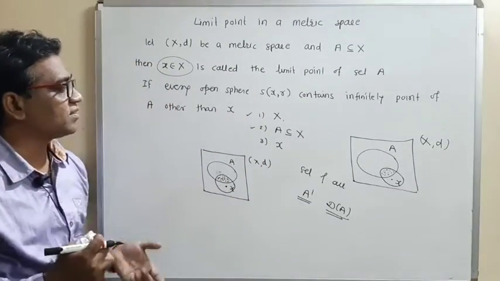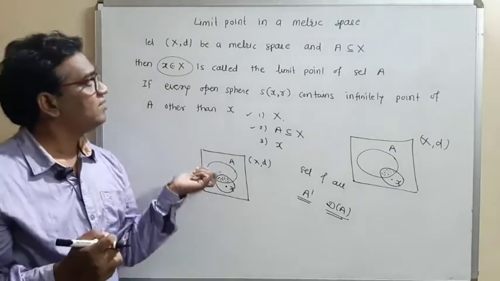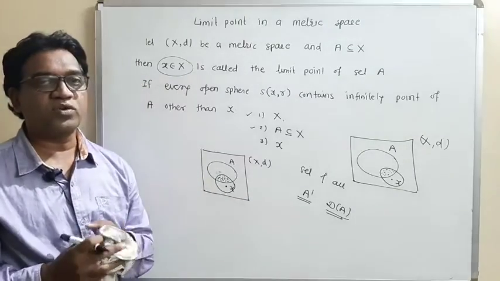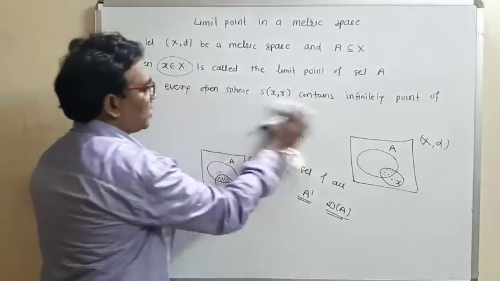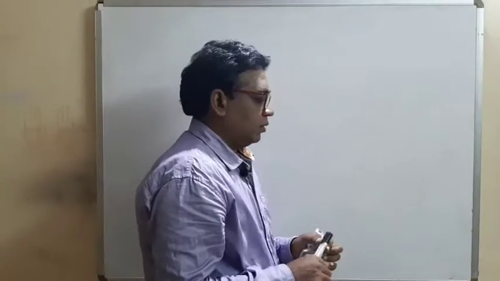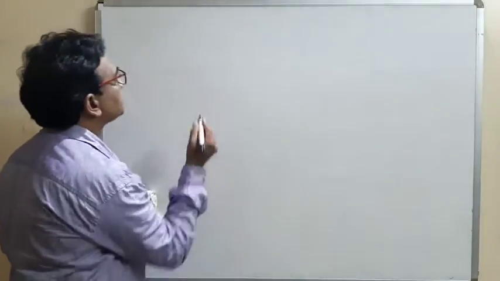Now let us take some examples by which we can easily understand this definition of the limit point. Write down the first example.